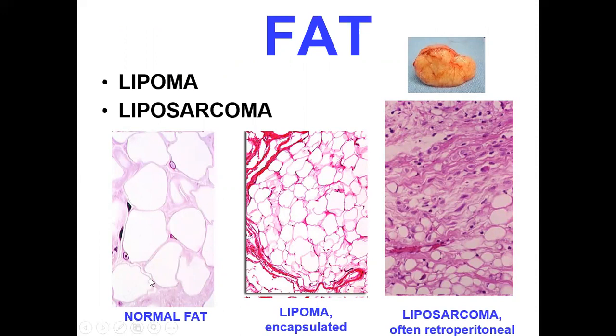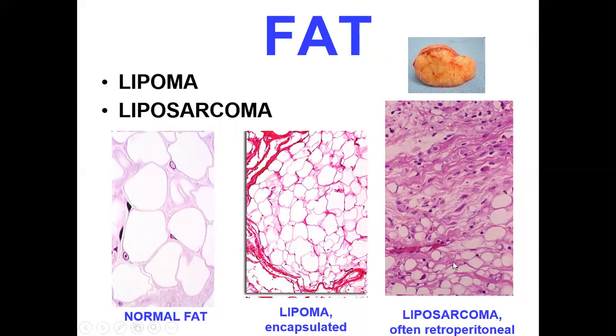You see few fat cells with clear cytoplasm and peripherally located benign nuclei. And in lipoma, there is a capsule on the outer side, and these are the multiple fat cells with clear cytoplasm. And this is lipoma.